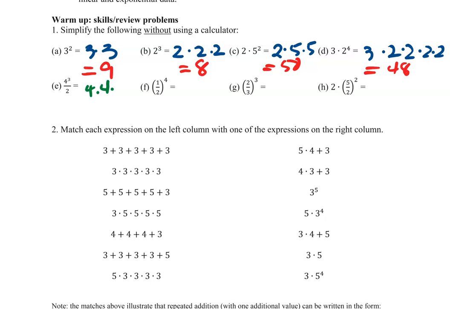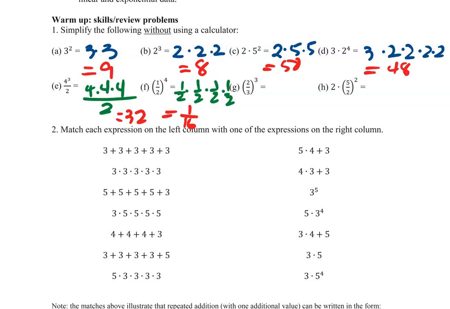So 4 times 4 times 4 over 2. 4 times 4 is 16, times 4 is 64, divided by 2 is 32. And then 1/2 raised to the 4th power, that is 1/2 times 1/2 times 1/2 times 1/2. 1 times 1 times 1 times 1 is 1. 2 times 2 is 4, times 2 is 8, times 2 is 16.